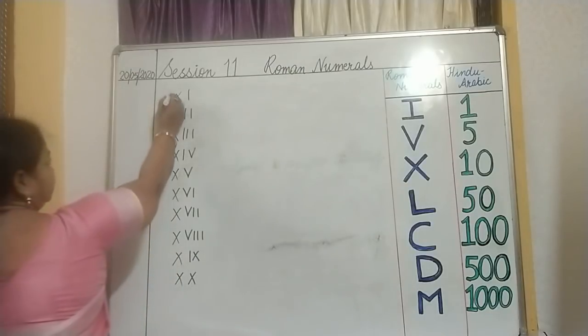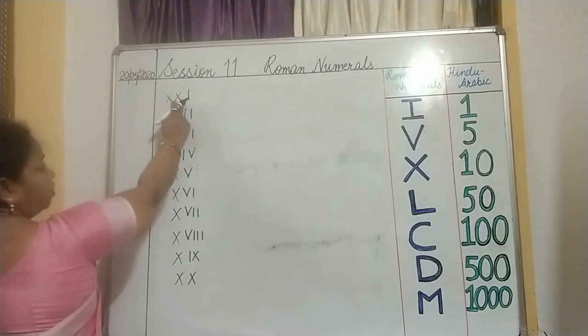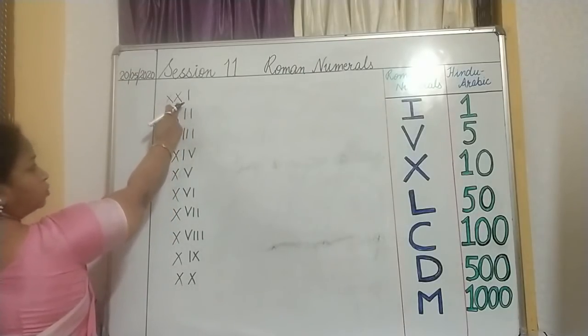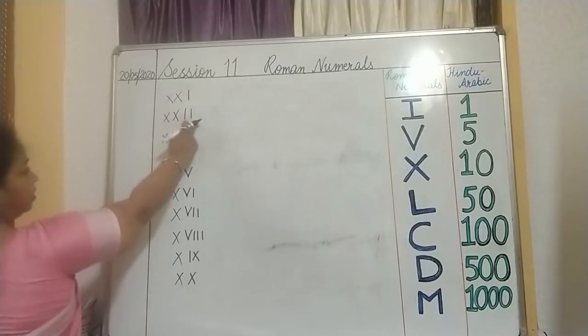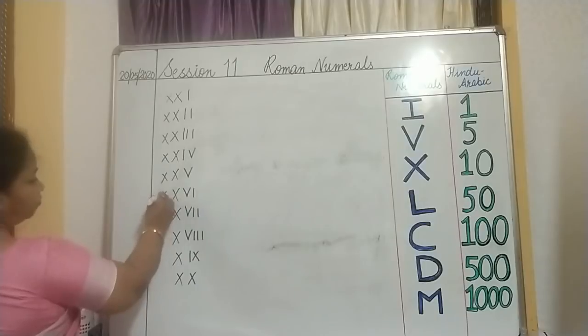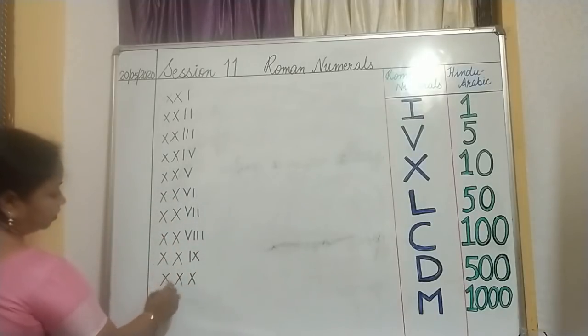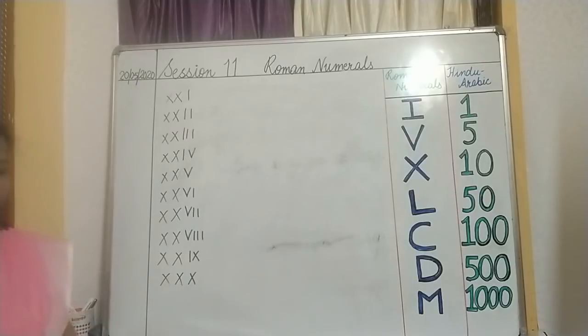Simple, just apply one more X. So you are having double X, that means 21, 22, 23, 24, 25, 26, 27, 28, 29, 30, right?